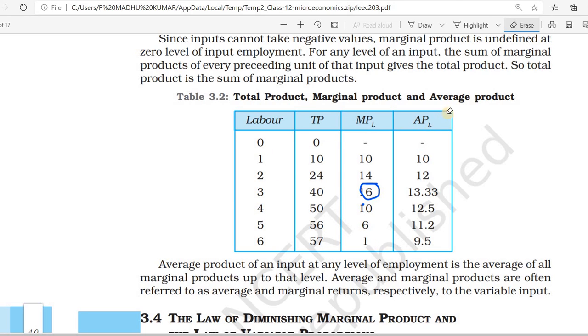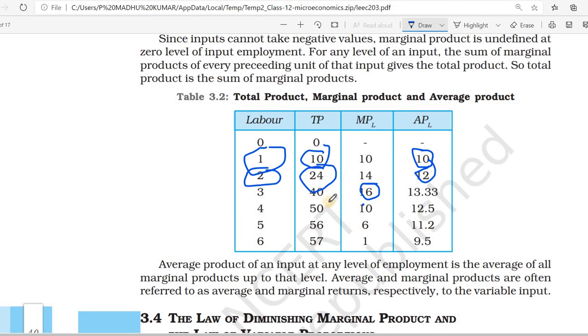Then what is the equation for finding average product? Average product equation is total product divided by labors. 10 divided by 1, 10. Here 24 divided by 2, what is the value? 12.